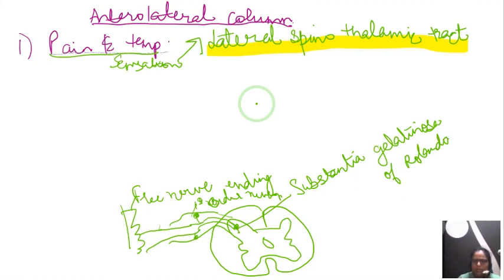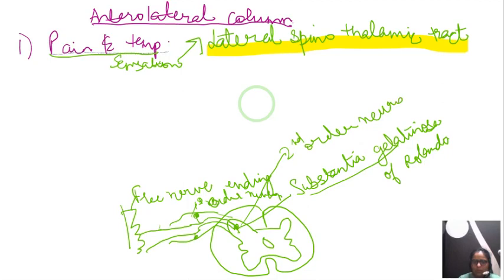This is nothing but a nucleus, a collection of cell bodies in the gray matter. So it is the nucleus substantia gelatinosa of Rolando. So it comes here, and it forms a second order neuron here.